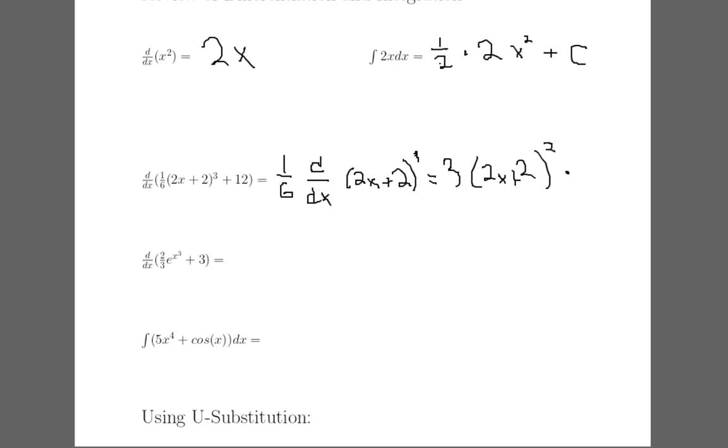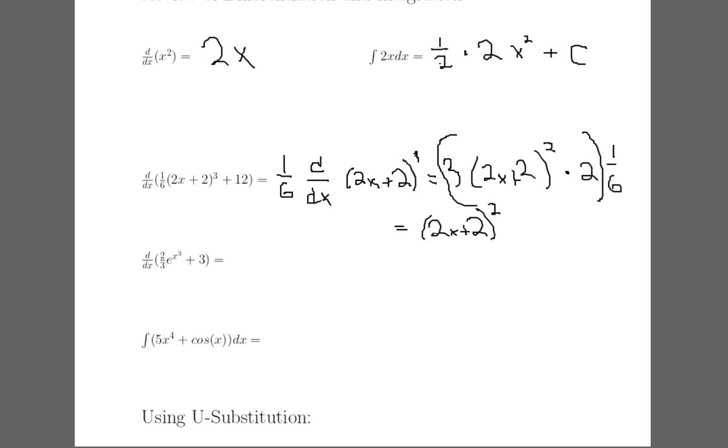And then we have to multiply that by the derivative of the inside, which is just 2. And that whole quantity is multiplied by that initial 1/6. So multiply everything out. The 3 times 2 makes a 6, which cancels with that 1/6. So our answer would just be the quantity 2x plus 2 squared.